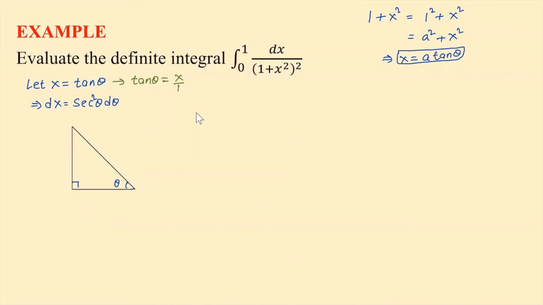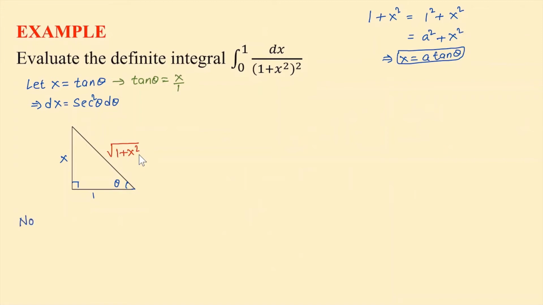Now tangent is x over 1. Tangent is opposite over adjacent, so x is here, 1 is here. And then we'll find the missing side. The missing side will be the square root of 1 plus x squared. You can see this quantity 1 plus x squared is there in the integrand. So once we have all this, now we can perform the substitution.